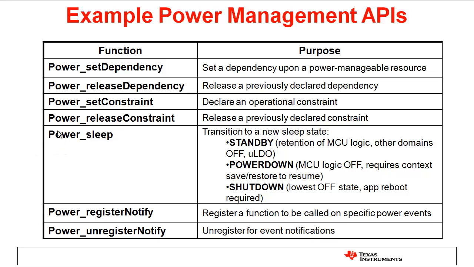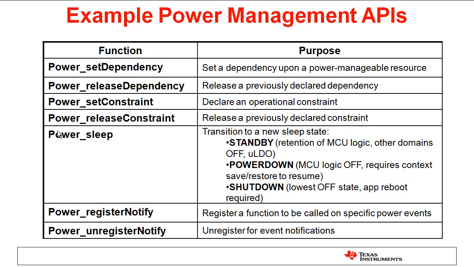Then we have a power sleep mode. Again, there are multiple power sleep states. We might have a standby state, where you just drop the processor into a standby mode and all the MCU logic is maintained. Then we have a power down mode where, for example, we completely shut down the MCU and store its register context in some non-volatile memory.